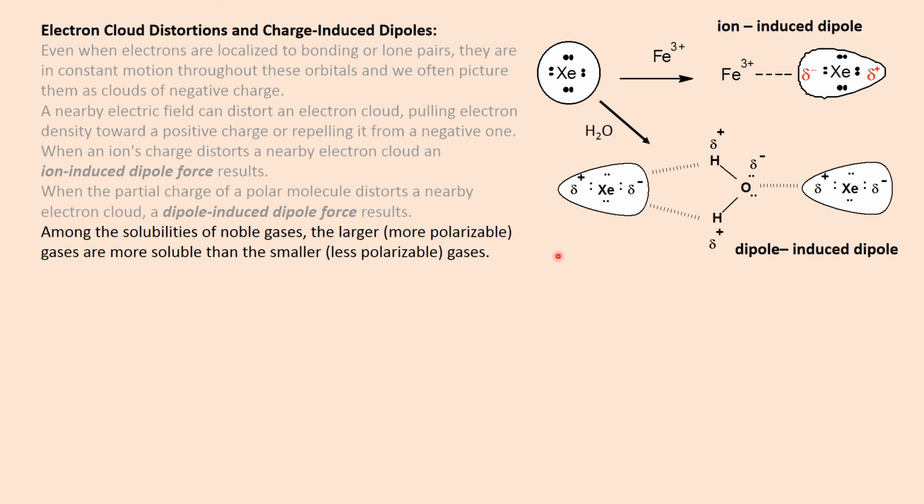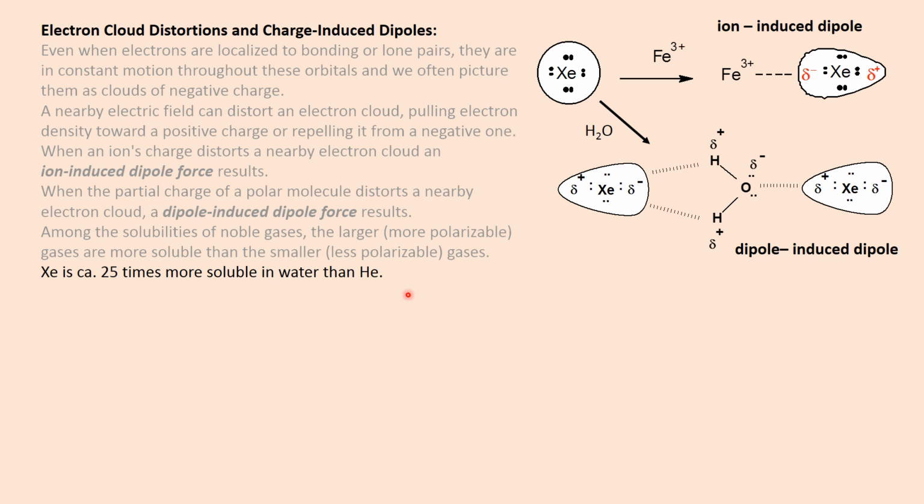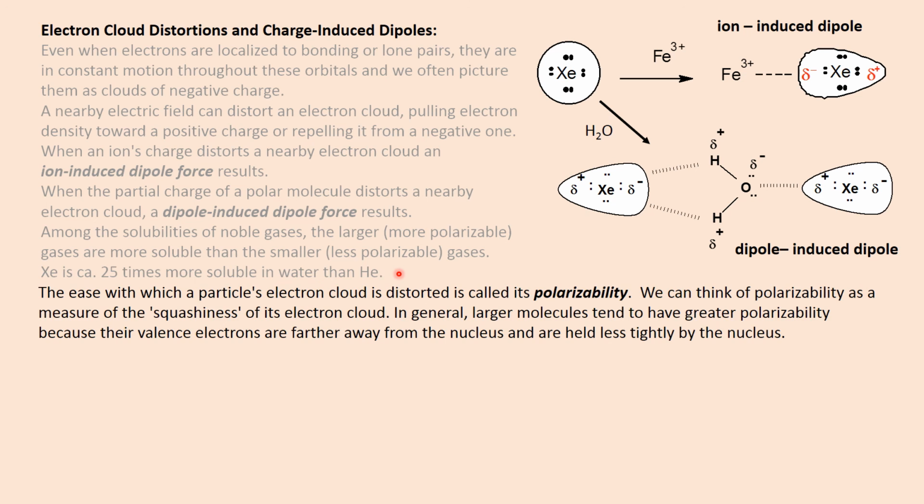Among the solubilities of the noble gases, the larger, more polarizable gases are more soluble than the smaller, less polarizable gases. For instance, xenon is about 25 times more soluble in water than is helium, its smaller brother. Now, what do I mean by polarizability?